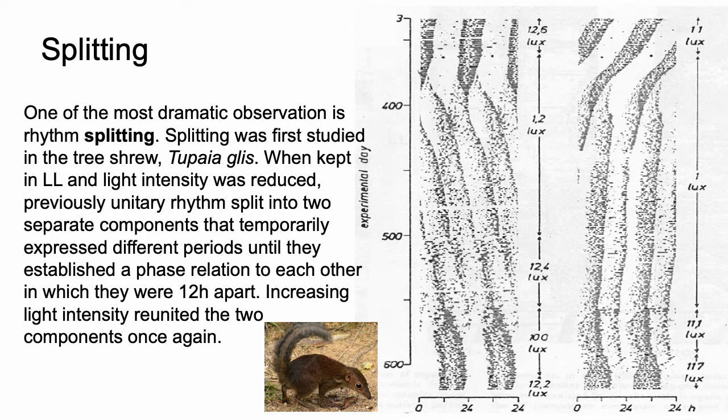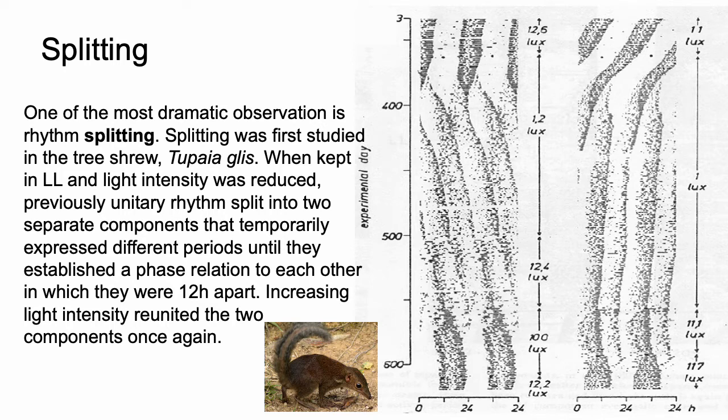And temporarily they expressed different period lengths. So the two different oscillations had two different taus, which you can see at the transition from when it's one rhythm at the top to where it splits into two.